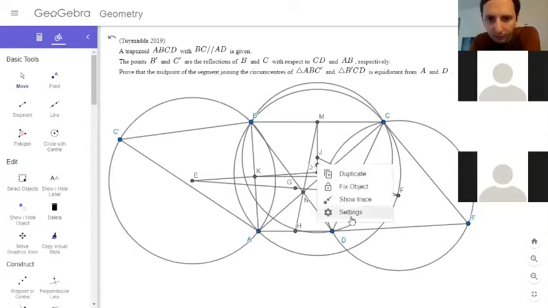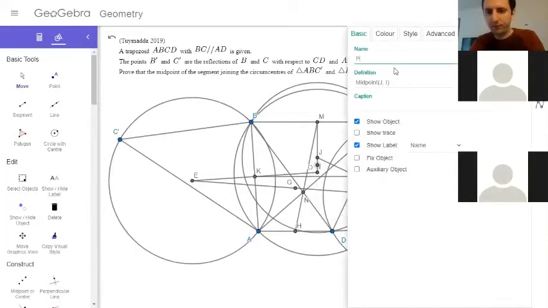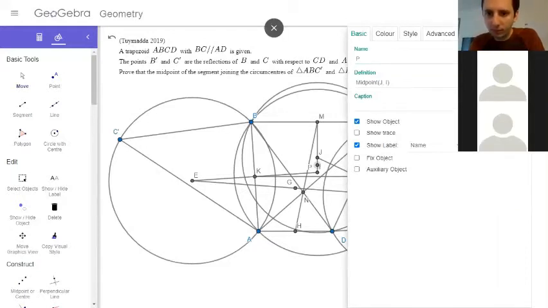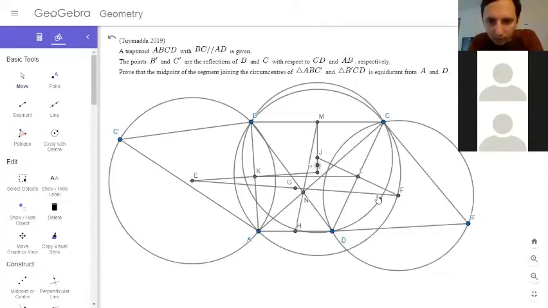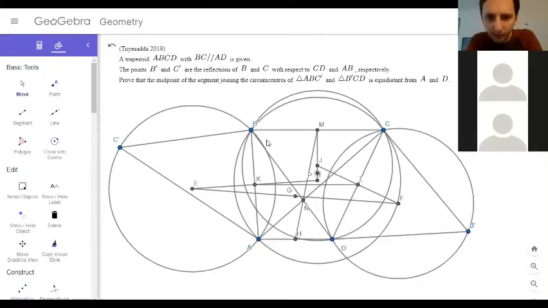Let's call this P instead. So G is the midpoint of EF and K is the midpoint of IK. So GK is parallel to IF and GL is parallel to EJ. KGLP is a parallelogram.